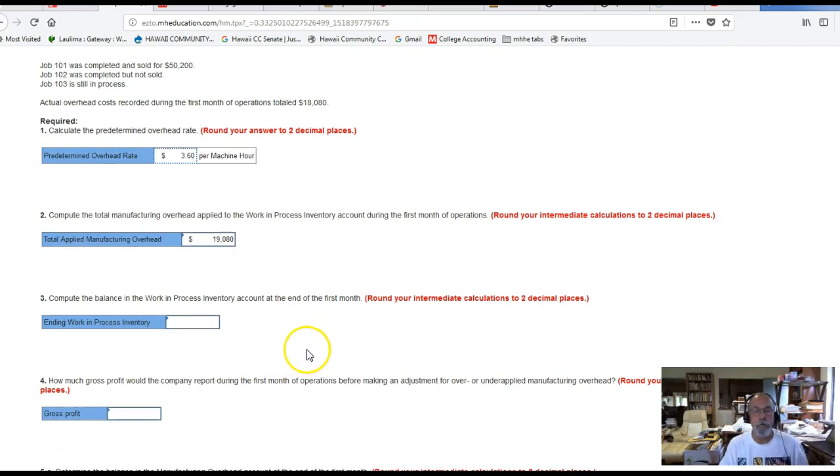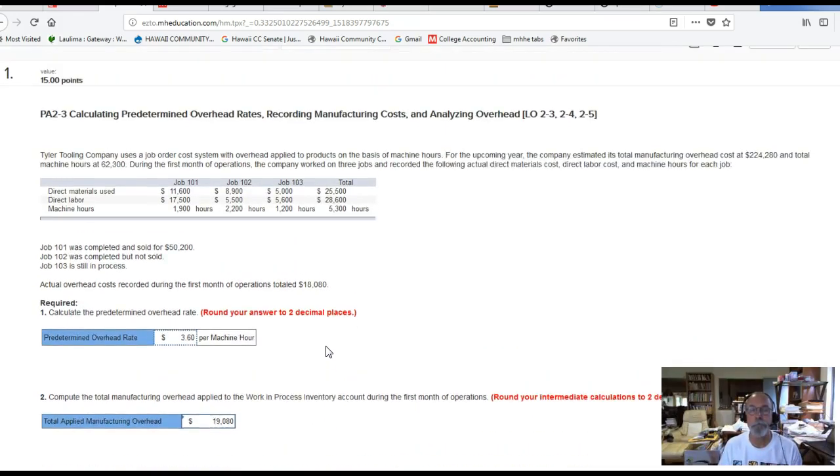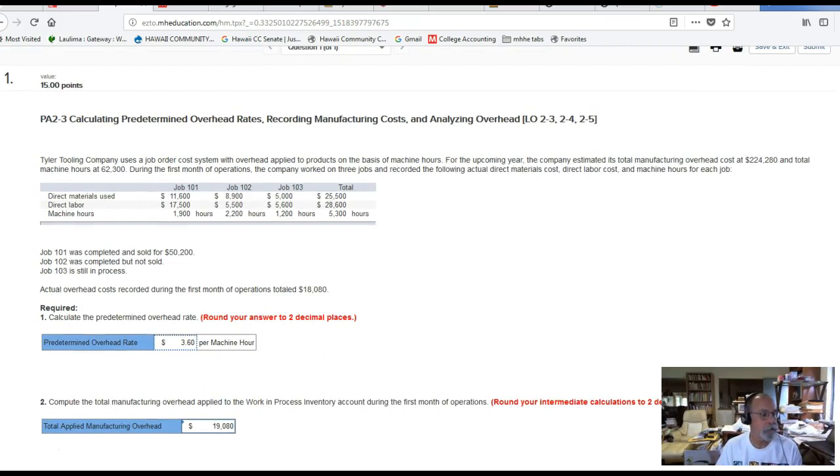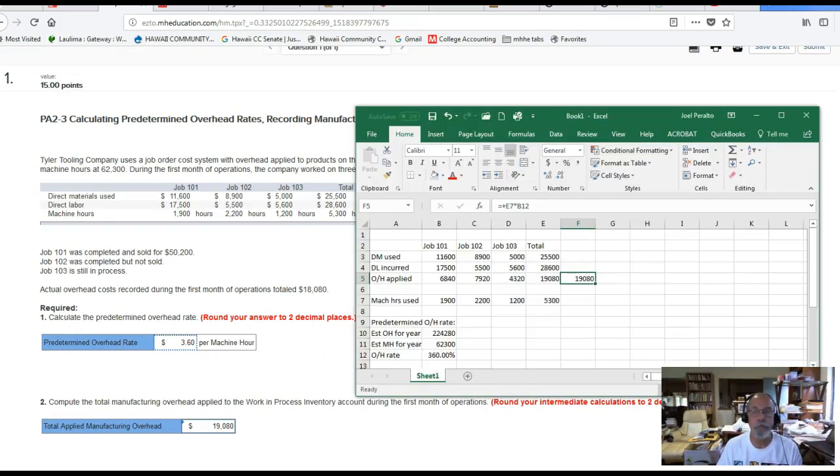Okay, requirement 3, compute the balance in the work in process inventory account at the end of the first month. Okay, so let's go back to the Excel spreadsheet, and we can see that for the month, each of our 3 jobs have costs which include direct materials used, direct labor incurred, and overhead applied.